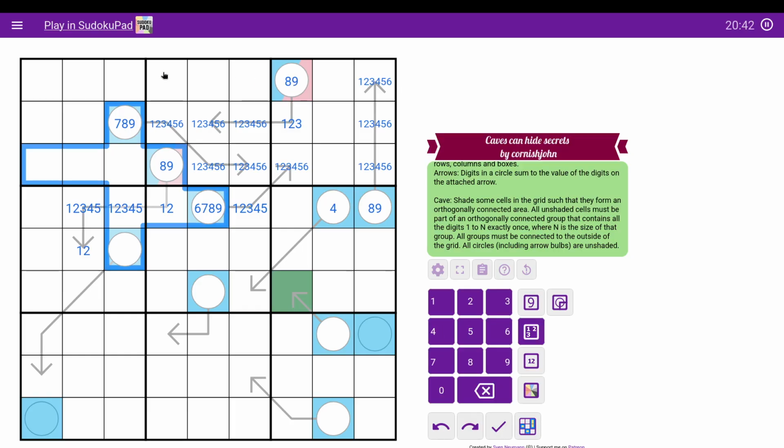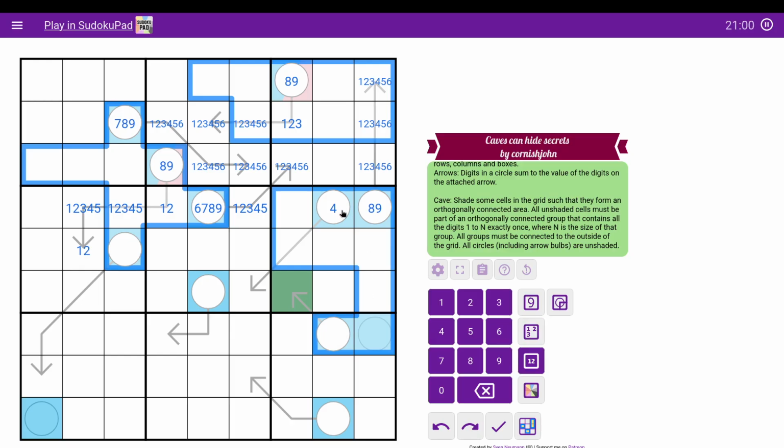To make this 9, I can't touch most of those cells. But I could do that. And I could do that. And that allows me to have 9s everywhere.